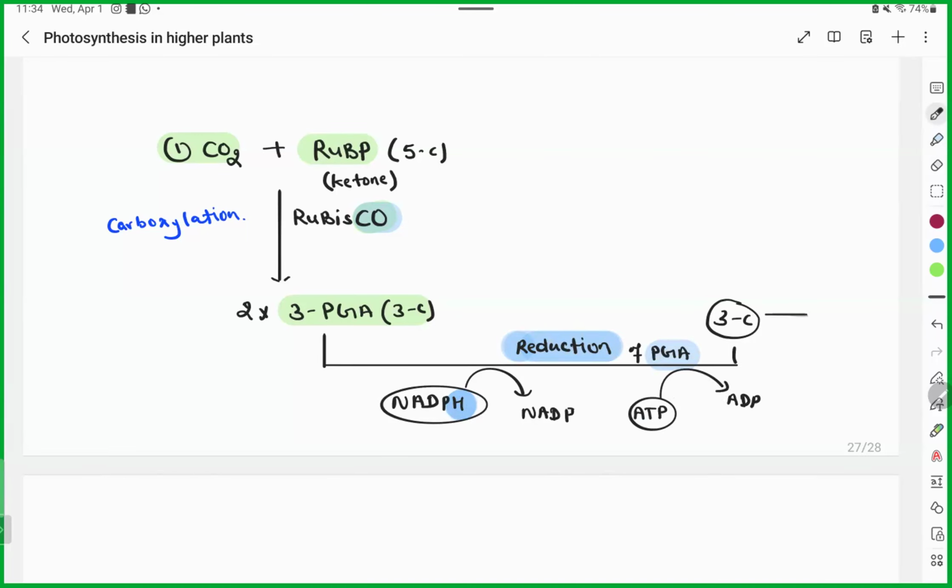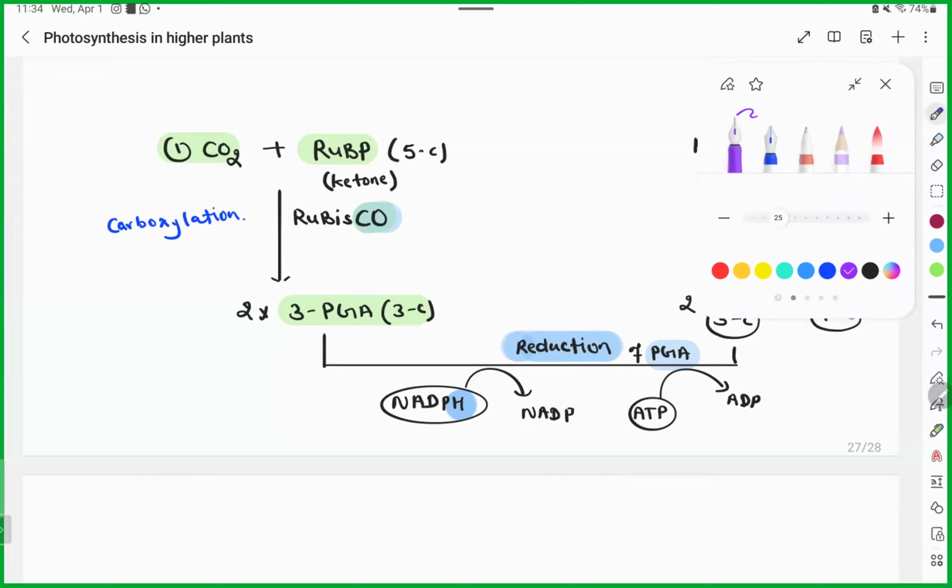From this, you remove one carbon, two molecules. If you remove one carbon, you will again form RuBP, 5 carbon. You regenerate the same thing. That's why this step is regeneration.